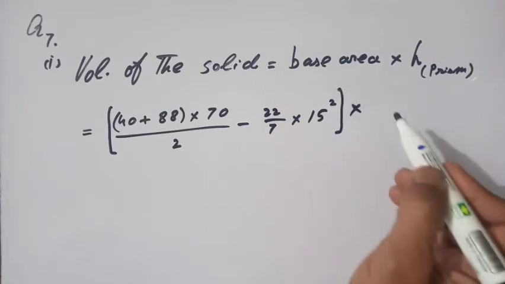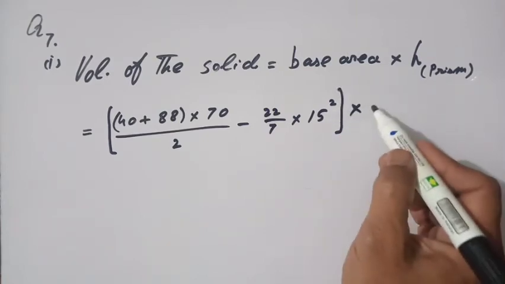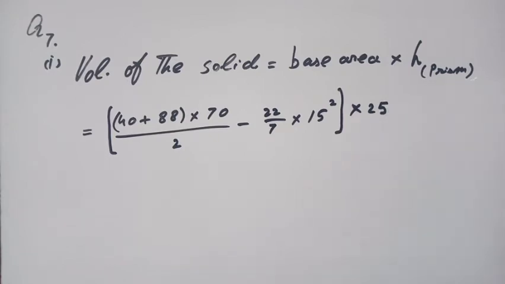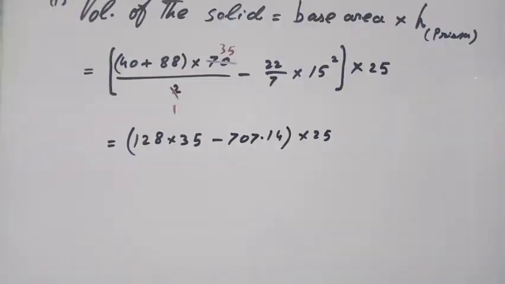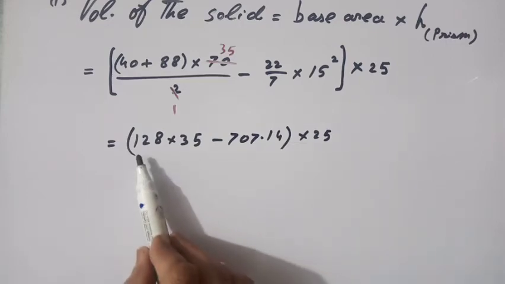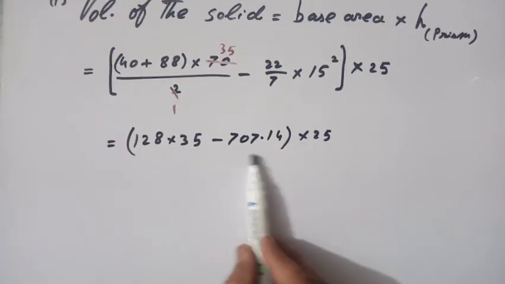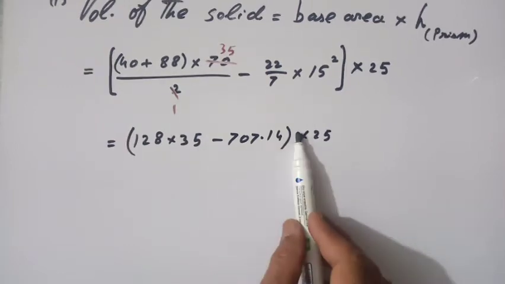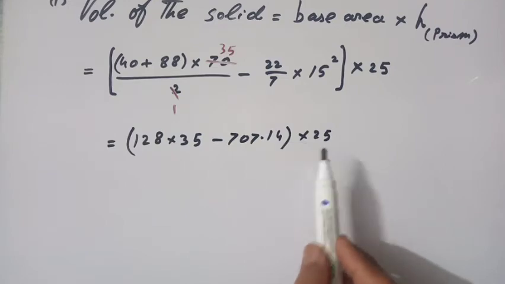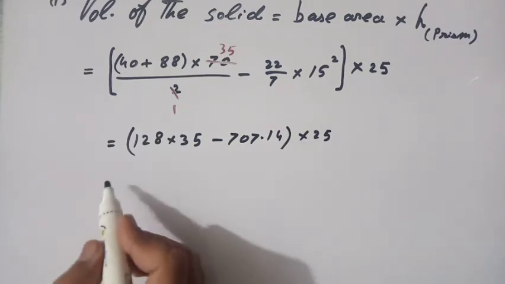That is, how much height of the prism is? 25. Now solve it. This way we have calculated the area of the trapezium minus area of the circle, and whole is multiplied by height of the prism.